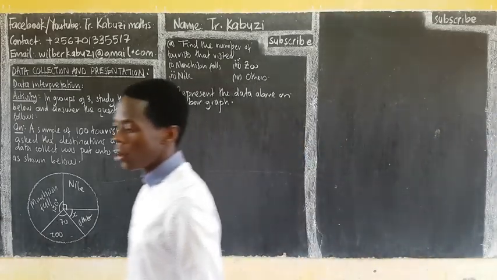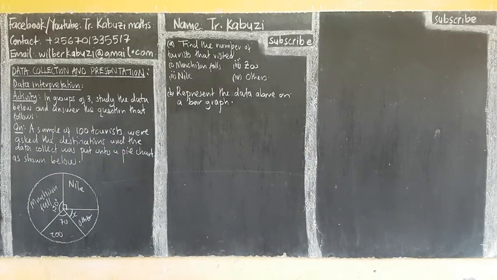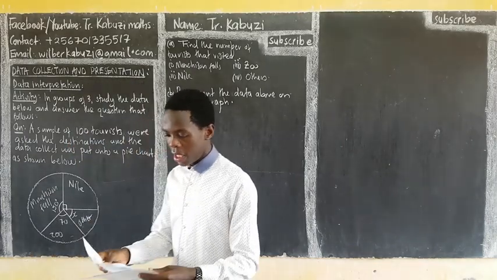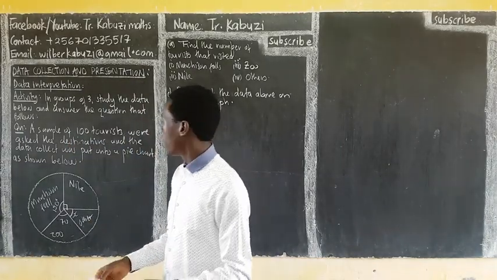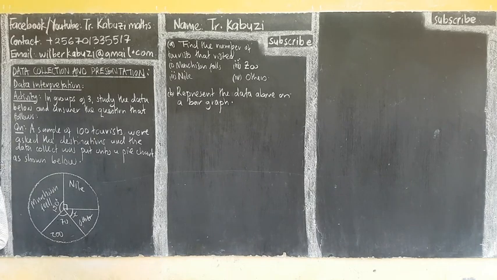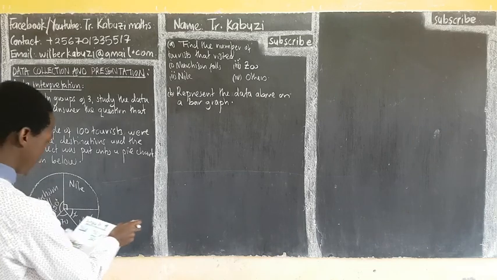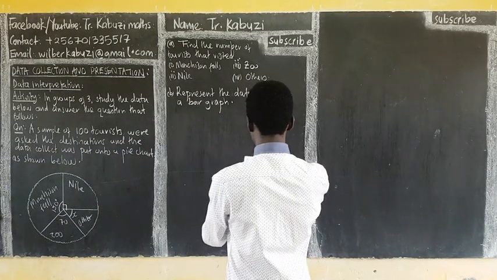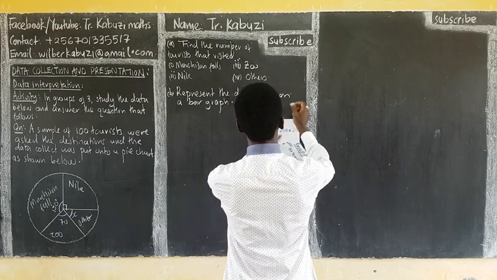We have 2 minutes to go. Okay, these are the samples we are having. So, this is our group 9 here.